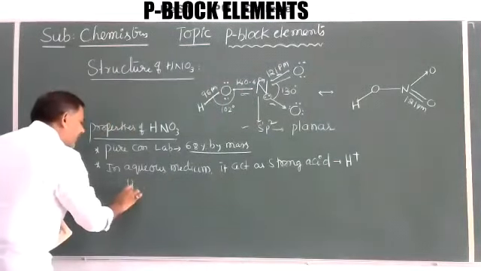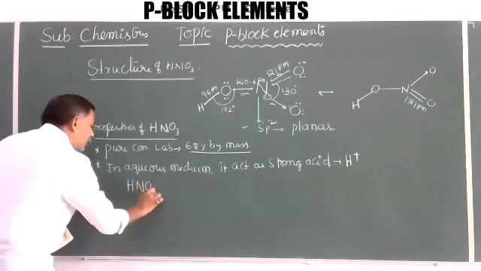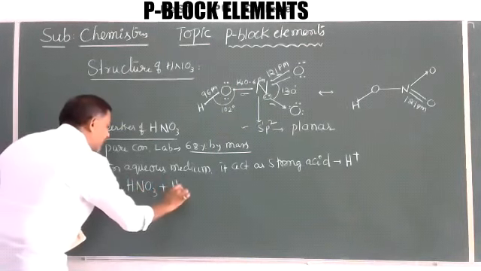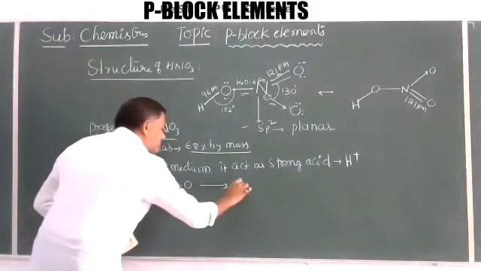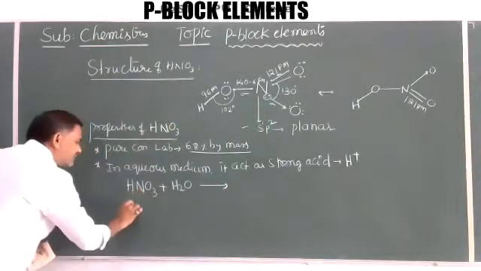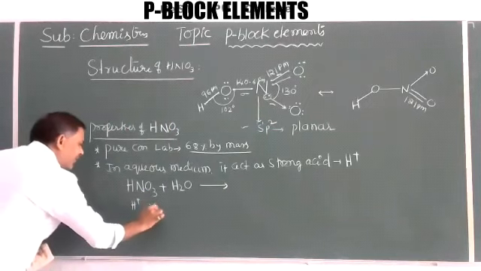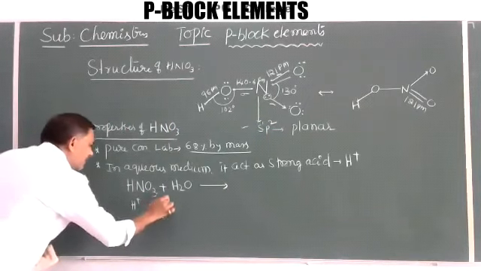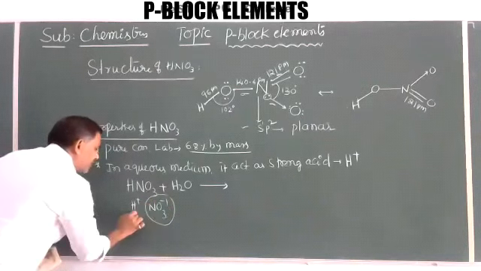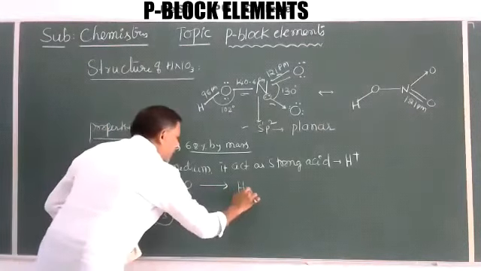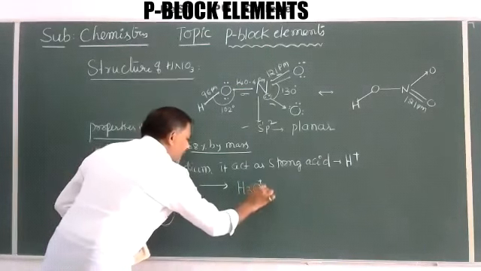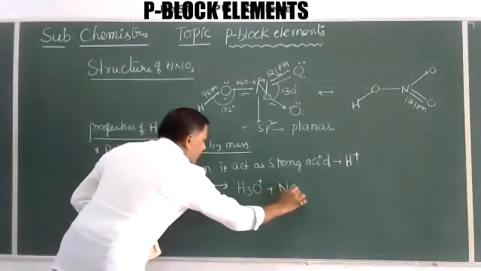See here, when concentrated HNO3 is dissolved in water, it produces H plus and NO3 minus, 1 nitrate ion produced. It reacts with water and forms H3O plus and NO3 minus.